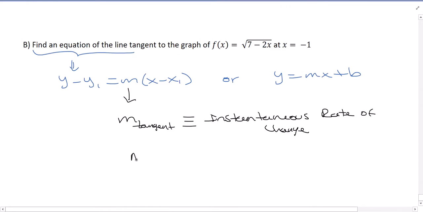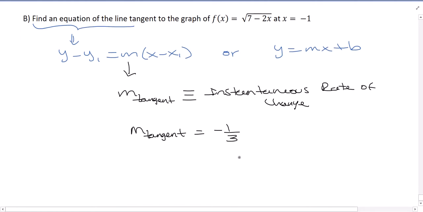So we know the slope of the tangent line is negative 1/3. So I will know that much from my equation. So I can say, therefore, y minus y1 equals m, so negative 1/3, x minus x1. Always to find the equation of a line, you need a point and the slope. In this case, we have the slope from part A, so we need a point.